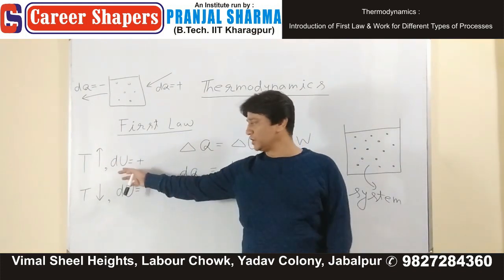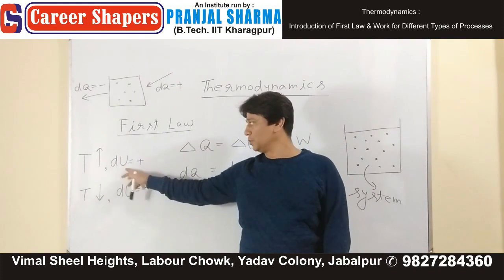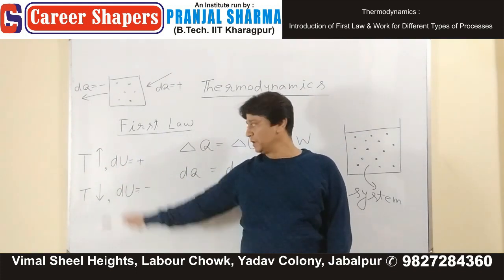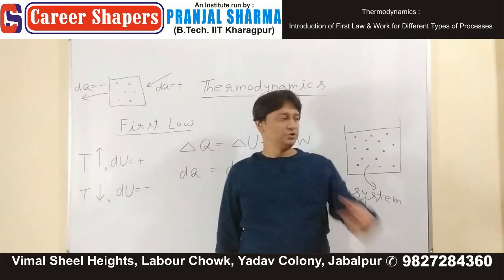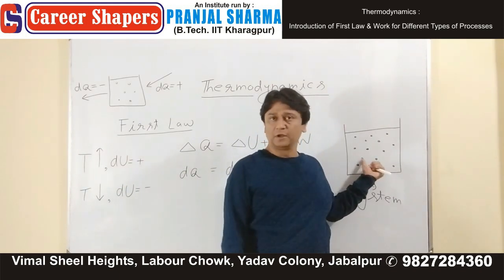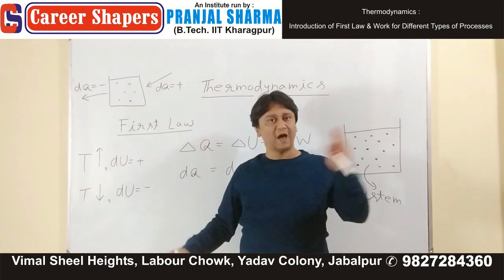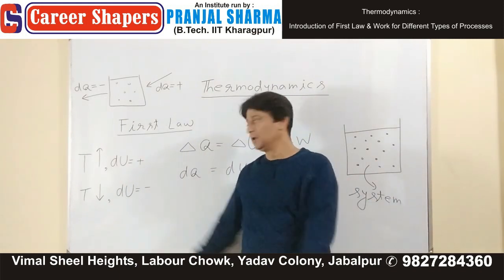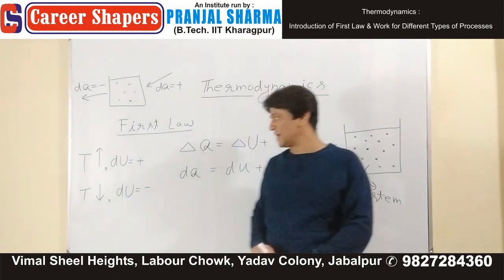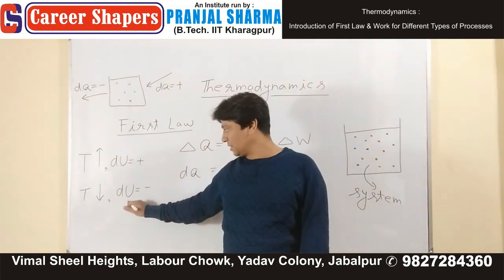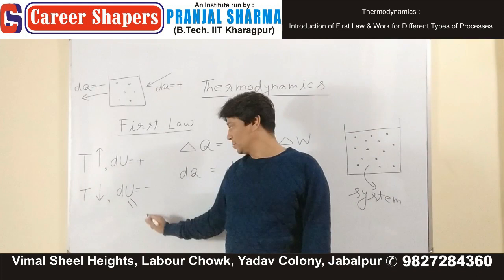That means you are increasing U, and therefore dU is positive. If you decrease T, that means you are decreasing their kinetic energy. You are decreasing U. If U is decreased, that means final is less than the initial, and therefore dU is what? Negative.